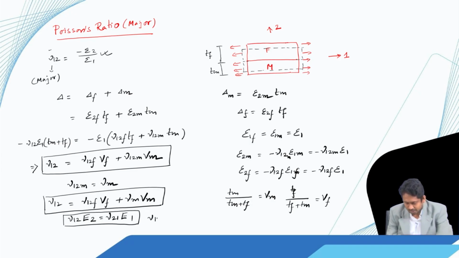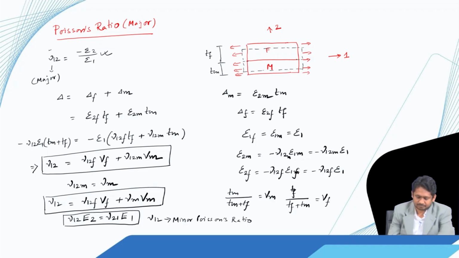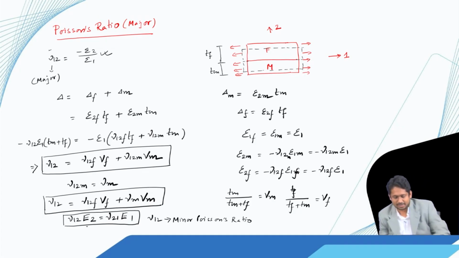So, nu 2 1 is the minor Poisson ratio. Now, we can see that in case of isotropic material E 1 and E 2 are same, and that tells me that nu 1 2 and nu 2 1 are same.